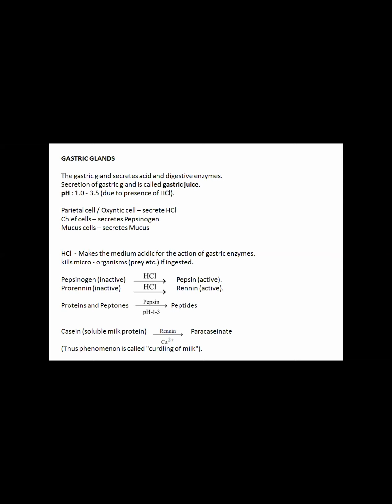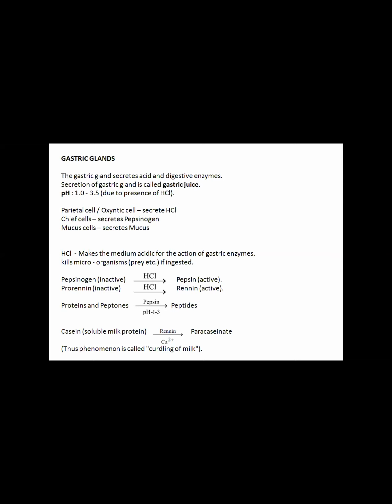Okay. So proteins and peptones, whatever that present in the food, it is being digested and broken down into smaller proteins known as peptides. So proteins are, you can say, large form of amino acid and peptides are small form of amino acid. Amino acid क्या होता है बच्चा?